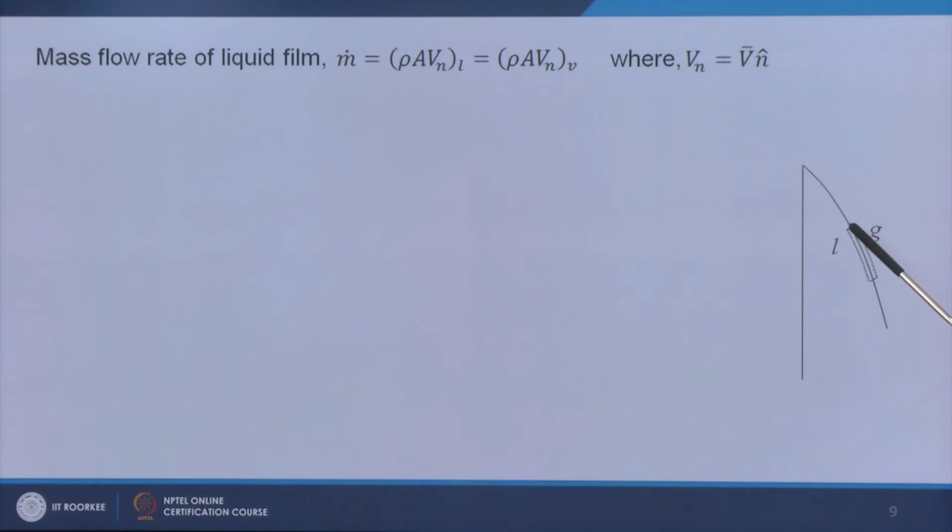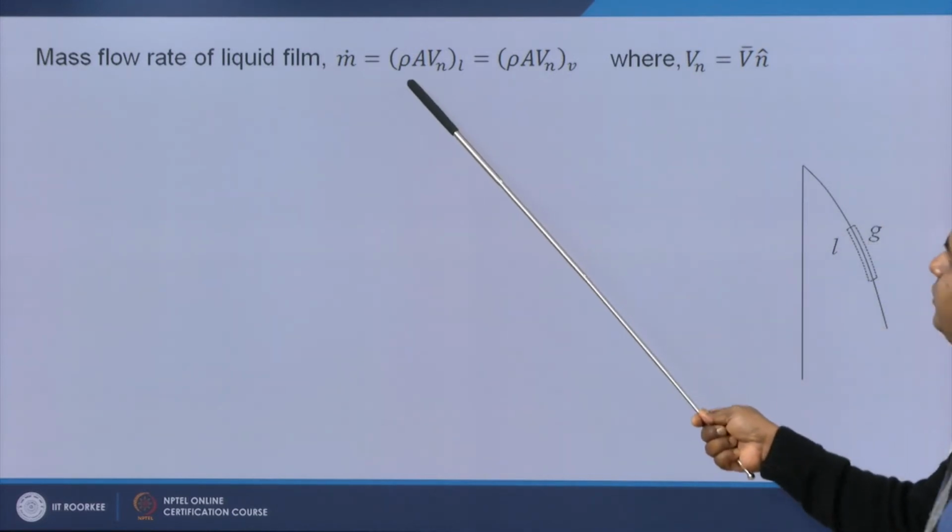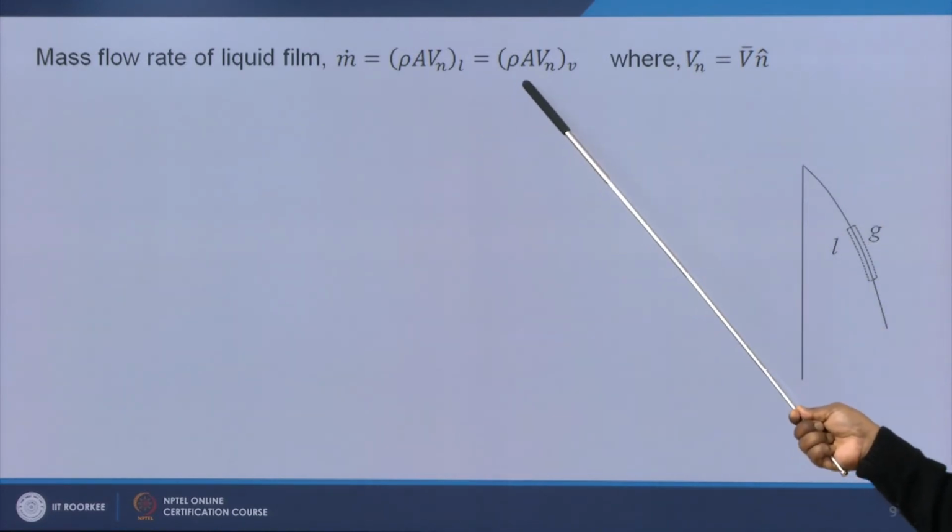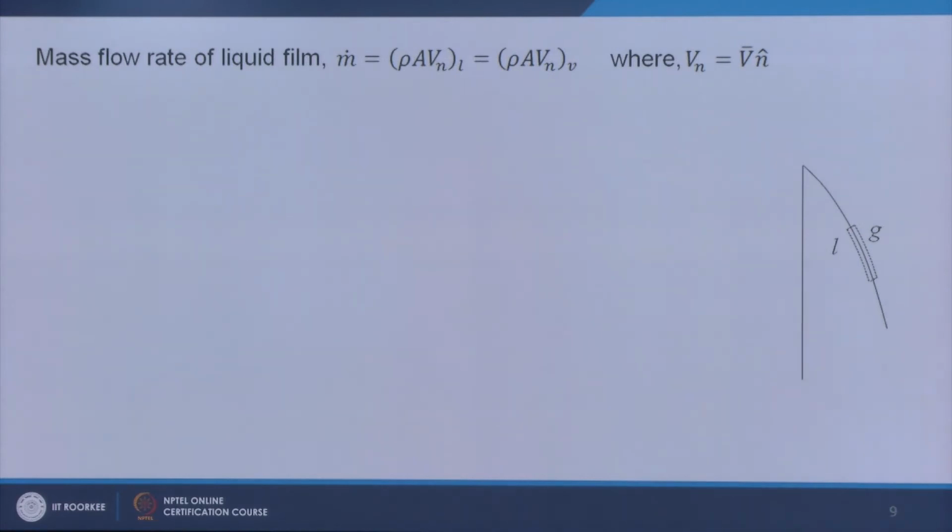For this small strip, we consider that this is a very long film in the other direction, so these two surfaces we are neglecting. So, m dot equals ρ A v_n L equals ρ A v_n V. Remember, this v_n is nothing but V dot n cap, where n cap is the perpendicular direction of the surface, the tiny surface we have taken.